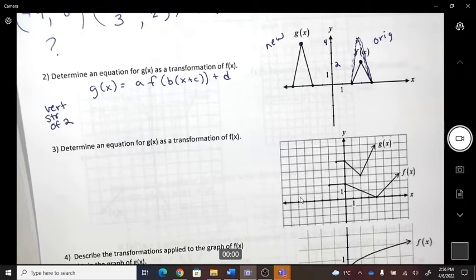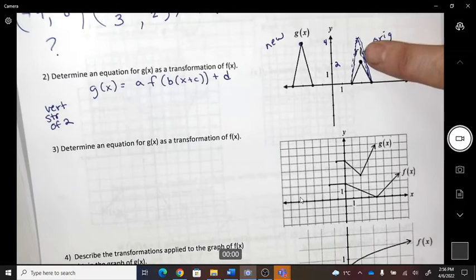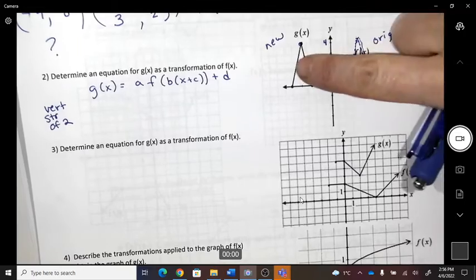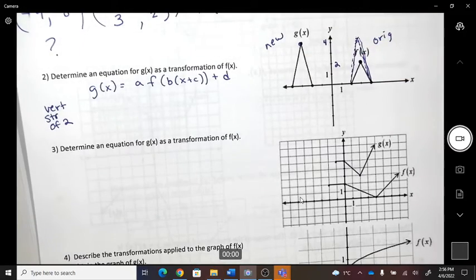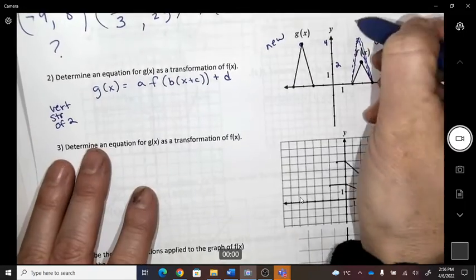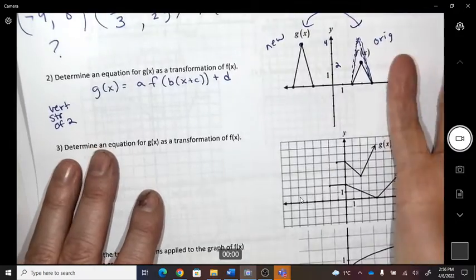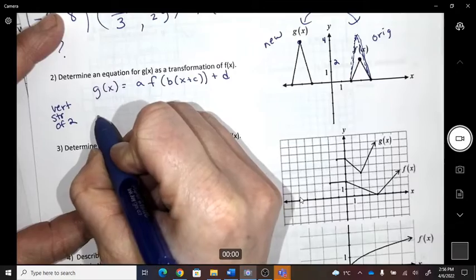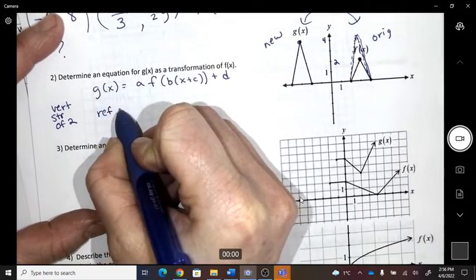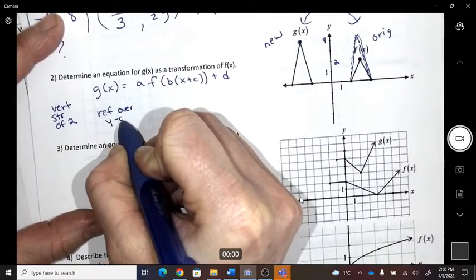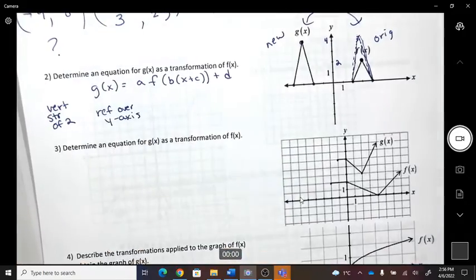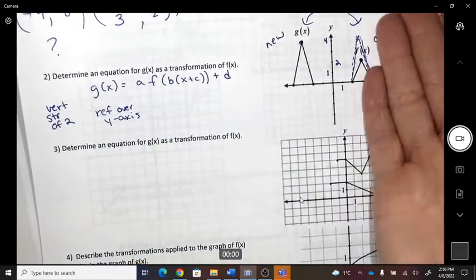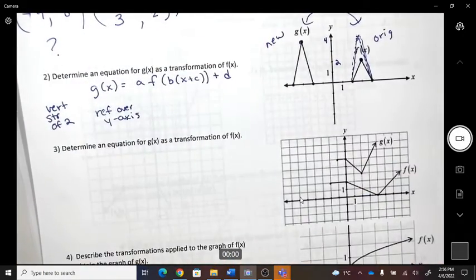Okay, now looking at my drawing, is there anything else that happened to it? It reflected. If you reflect it, does it end up there? Yeah. So that's a reflect over the y-axis. And that's it. If you stretch it and reflect it, you got there.